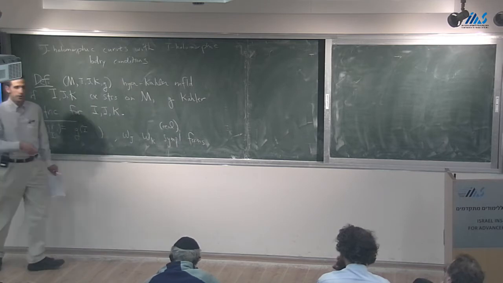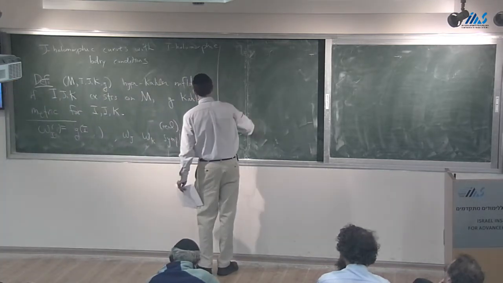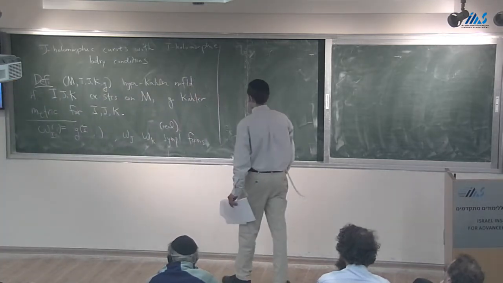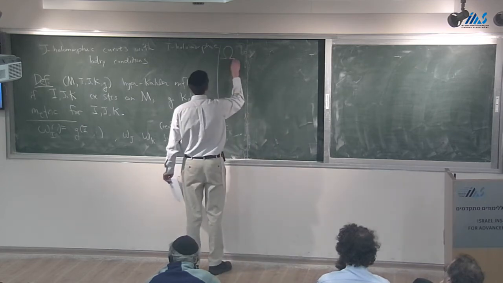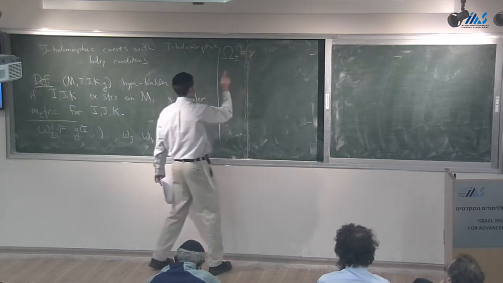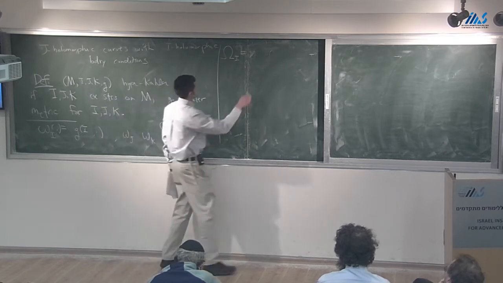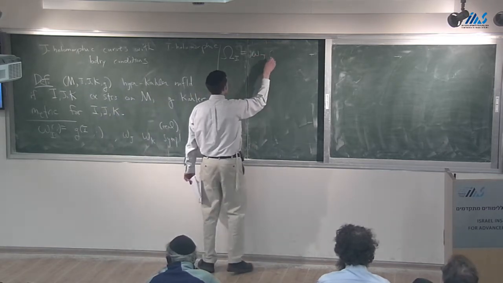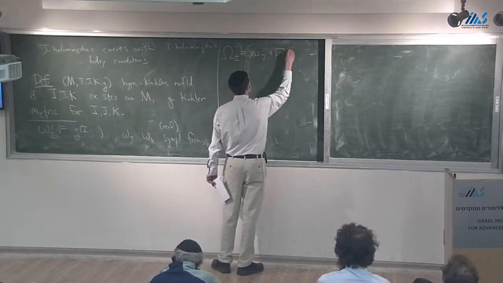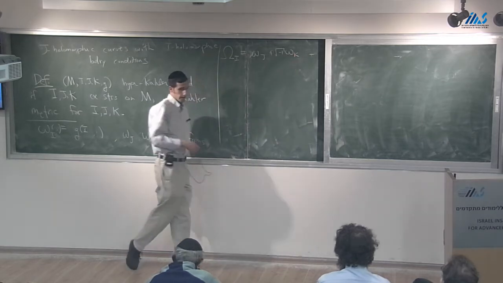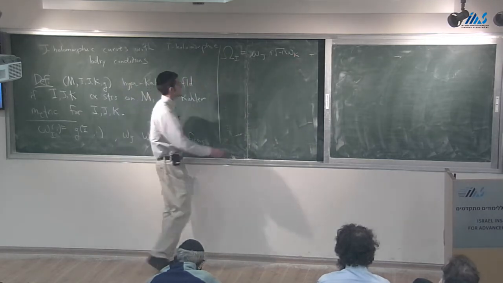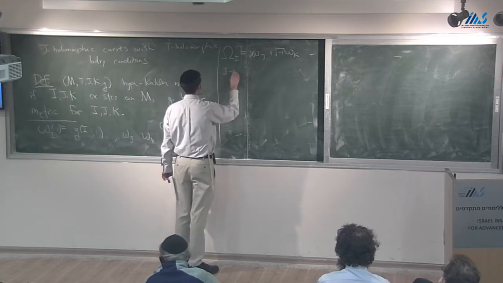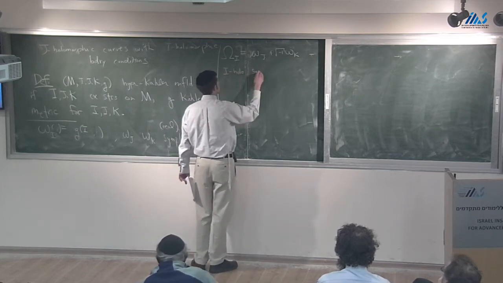And then for comparison with what we had earlier, we can define a capital Omega to be little omega_J plus i little omega_K. This will be a holomorphic symplectic form, an I-holomorphic symplectic form.